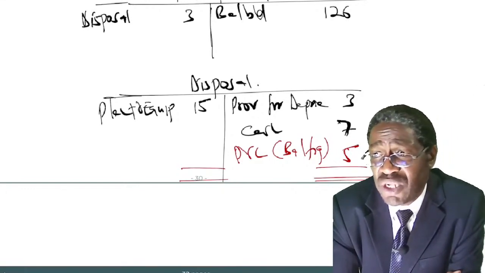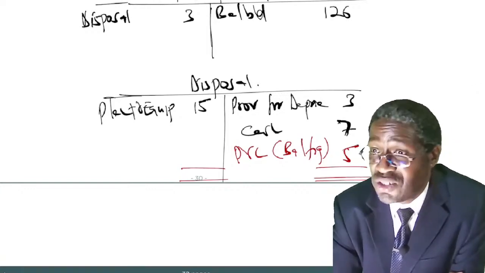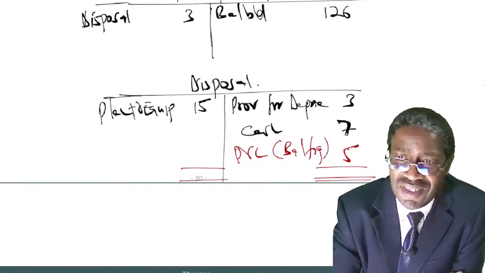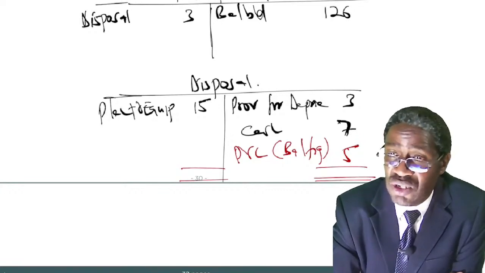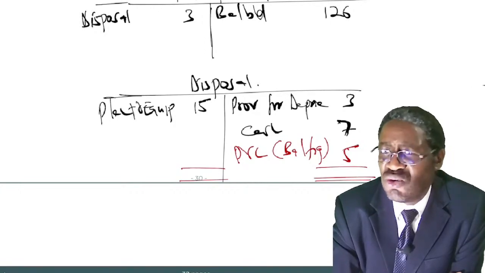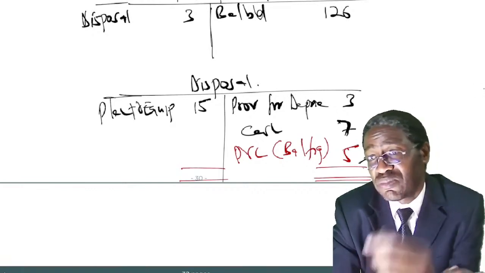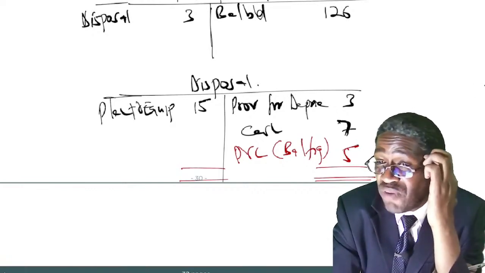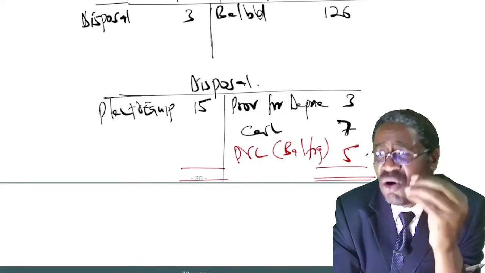Write in the chat, gain if you think it's a gain, or if you think it's a loss, just write loss. I've just been reminding you what you used to do in financial accounting. But now let me see whether you can remember. This last step, the balancing figure of 5 million, were you taking it to the P&L account as a gain or loss?